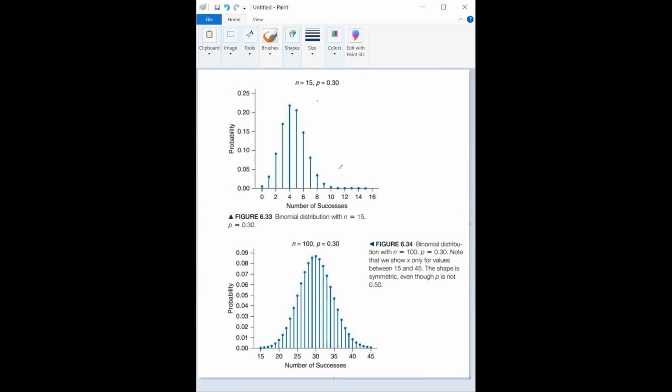But what's really crazy is that if you increase the number of trials enough, the distribution eventually does become symmetric.